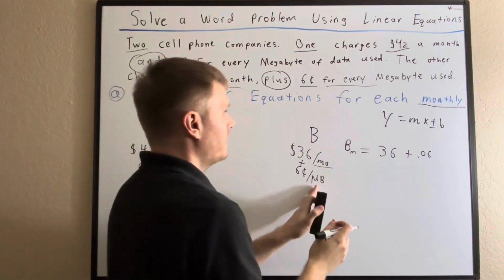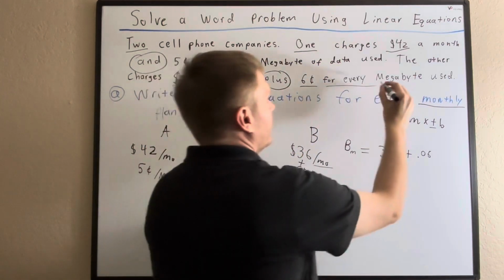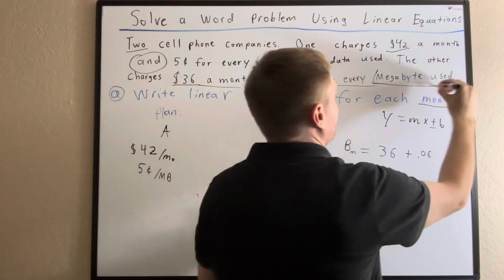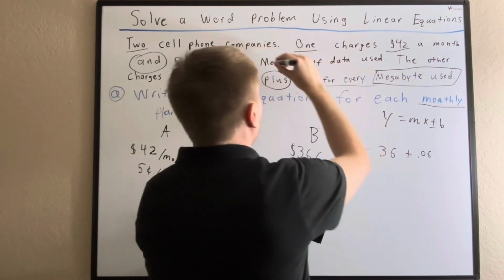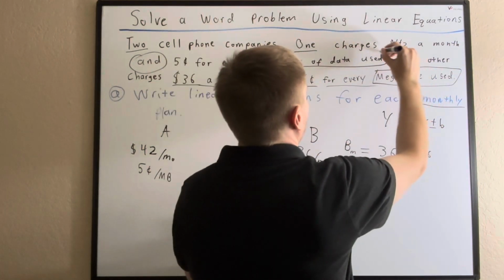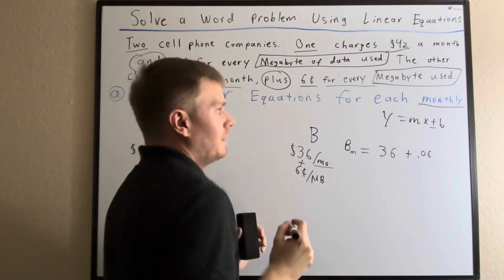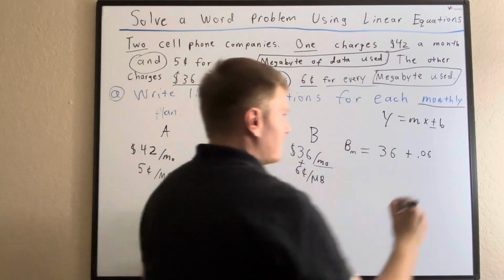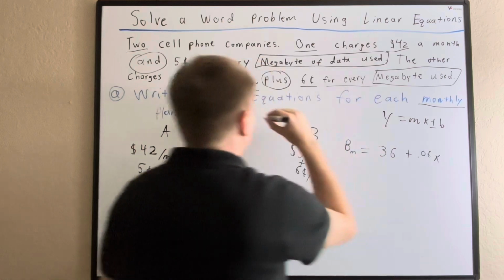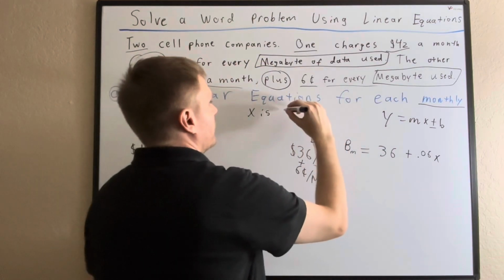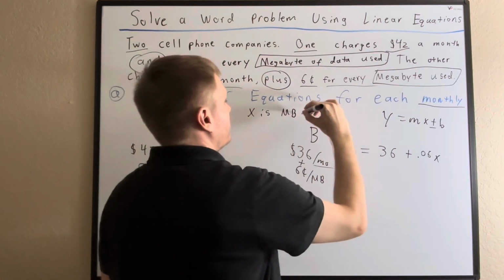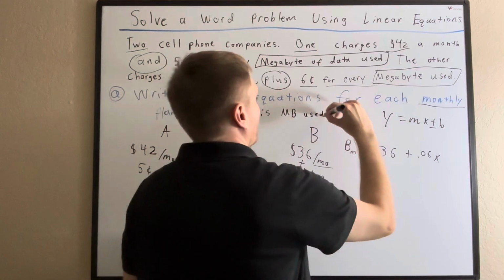Now, the variable is megabytes used. It's got to be, right? Megabytes of data used, because that really depends on the month, doesn't it? So x is megabytes used per month.